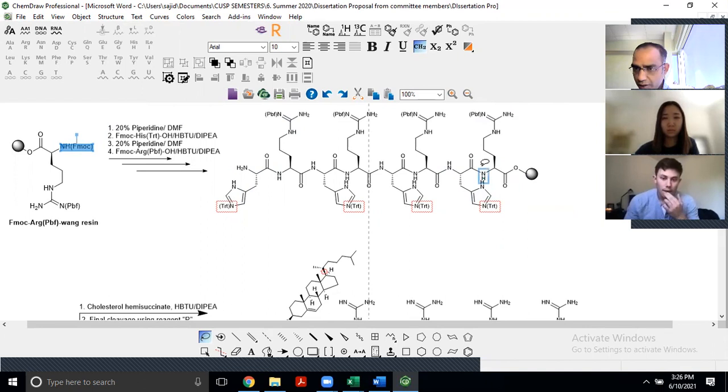Okay, and which new bond is formed in this case? Can you tell me? Peptide bond? No, which? I don't see that. If you see this thing, it is actually inverted here. It is just flipped. If you flip it, you can see that this is the same until this point.